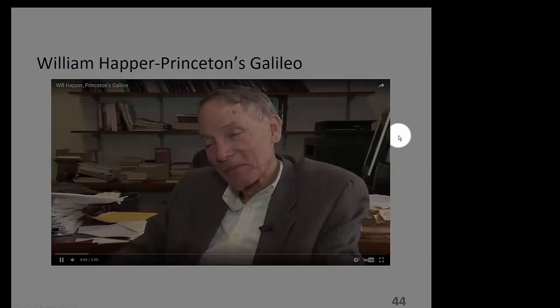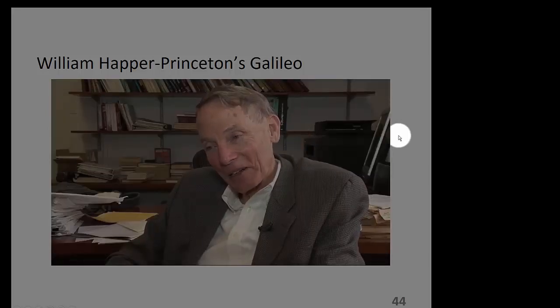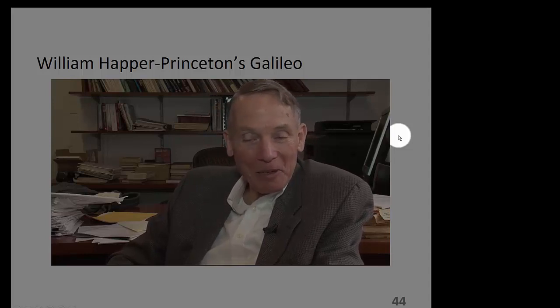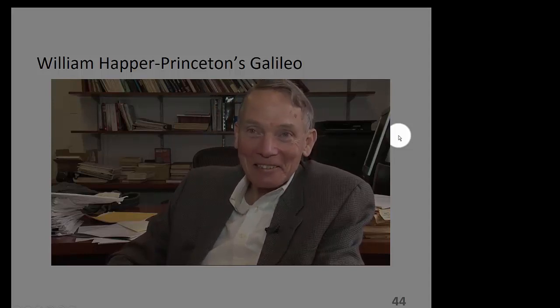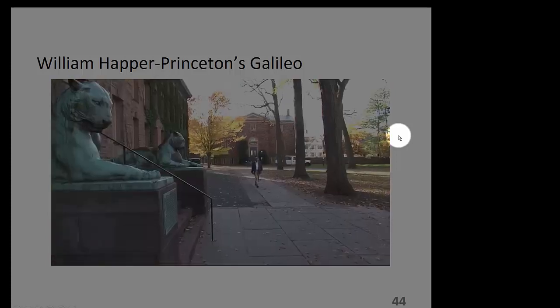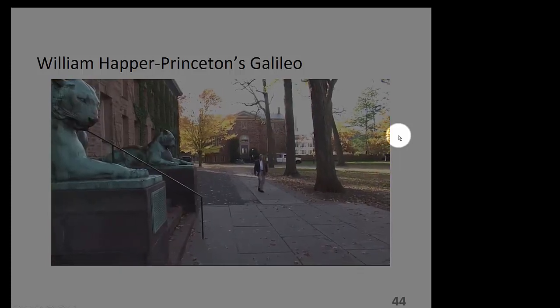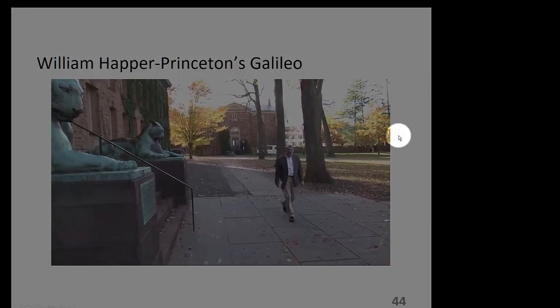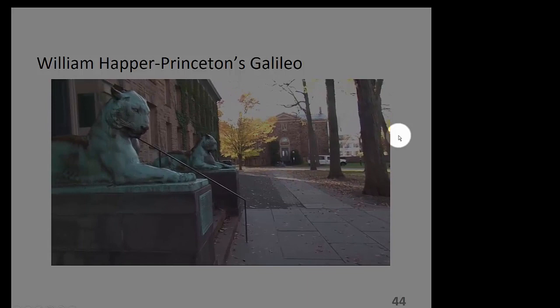I regularly get hate mail. I got one the other day that said, you're a fucking educated Nazi, and I hope you hang by the neck until you're dead. So, I get this kind of stuff all the time. William Happer, a mild-mannered physics professor at Princeton University, doesn't seem like the kind of guy who would inspire hate mail.